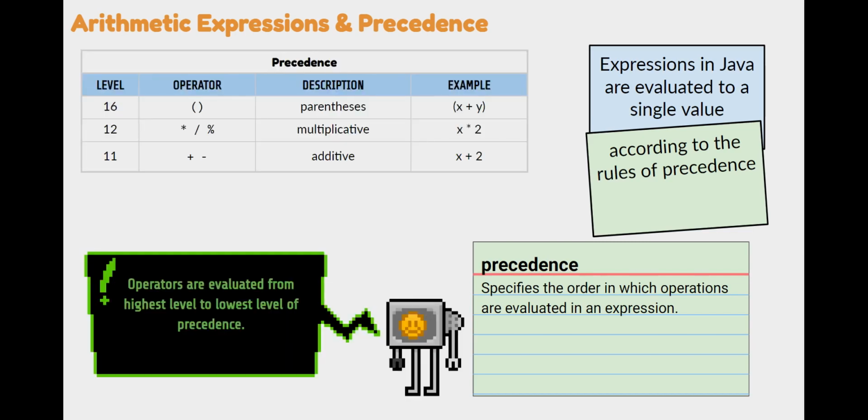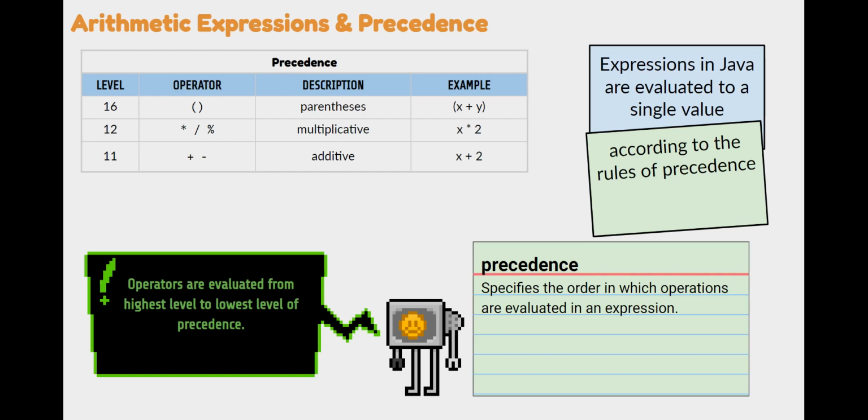So this is what our table looks like. Parentheses get evaluated first. Then our multiplicative operators, times, divide, and modulo, all happen left to right in the order that they are there. And then finally, addition and subtraction. Those are our additive operators. Those get evaluated last in our arithmetic expressions.